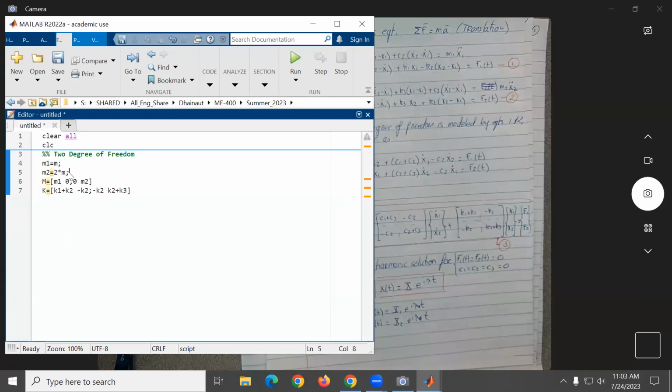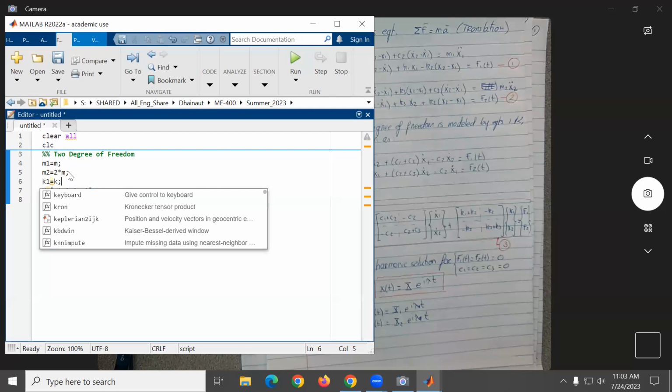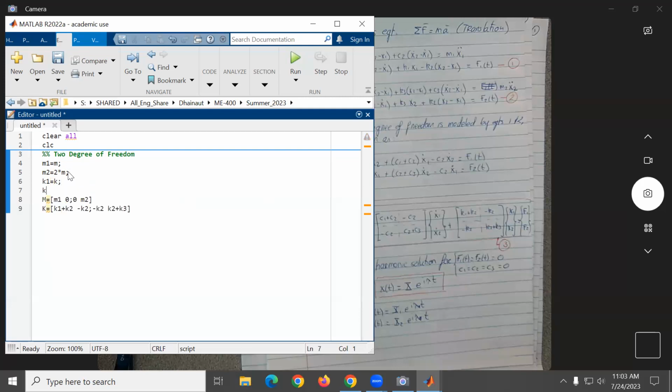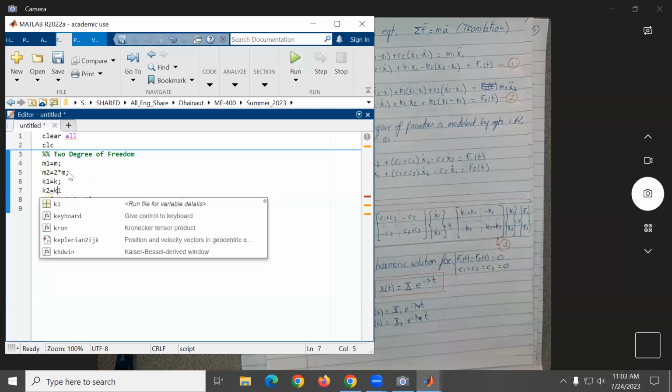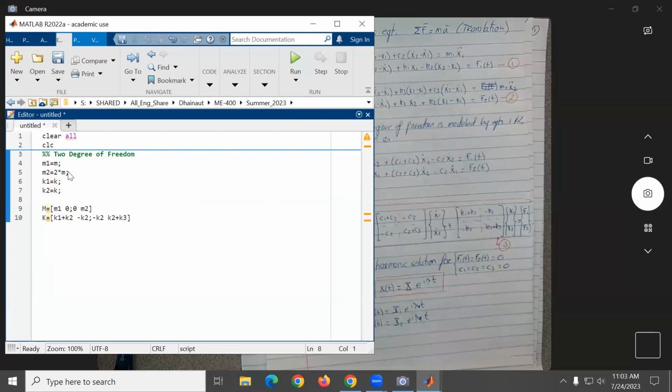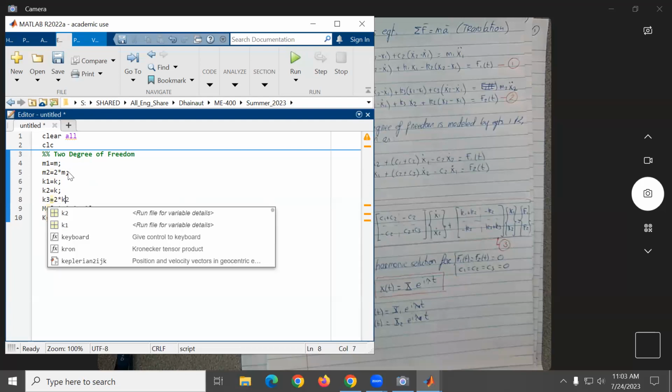K1 equal K, K2 equal K, if I remember right, and K3 equal to K. I'm working everything backwards.